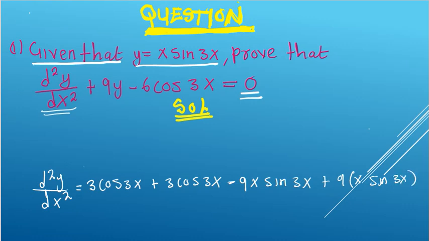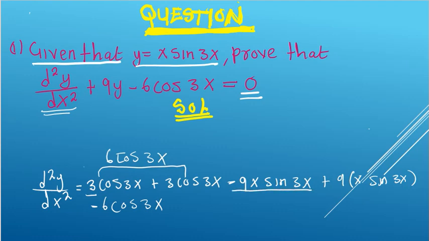3x, then minus 6 cosine 3x, but we know that 3 cosine 3x plus 3 cosine 3x, this altogether is 6 cosine 3x, and we know that this part and this part already is given as 0.